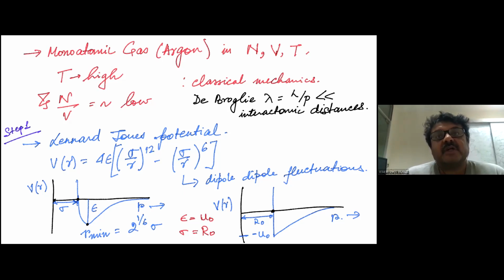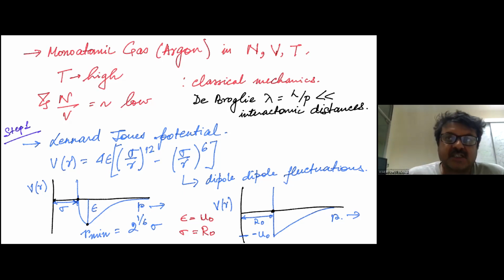And then two dipoles, it goes as 1 by r cube, or the force goes as 1 by r cube. Whatever, please look up your Griffiths. I think it's 1 by r square.